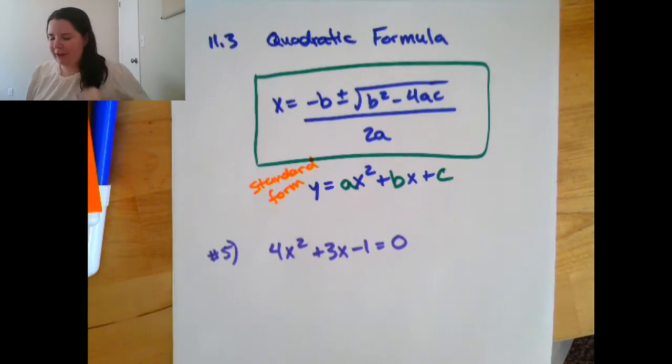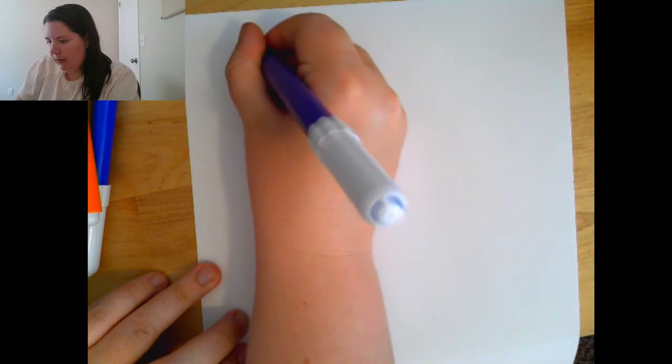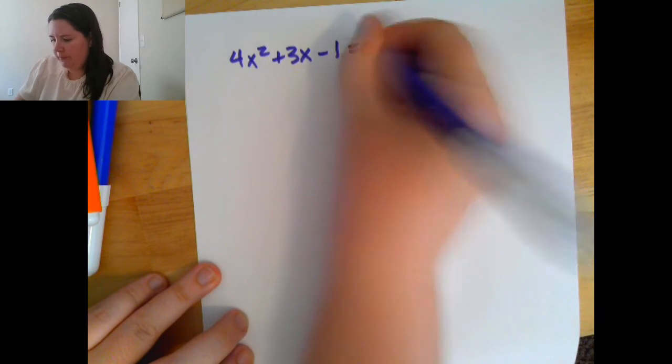I'm going to work it out on a fresh sheet of paper though. So we are going to need space. Here we go. That was 4x squared plus 3x minus 1 equals 0.